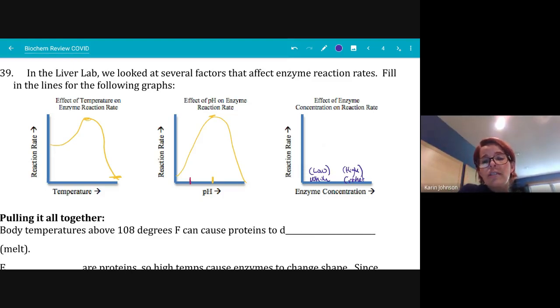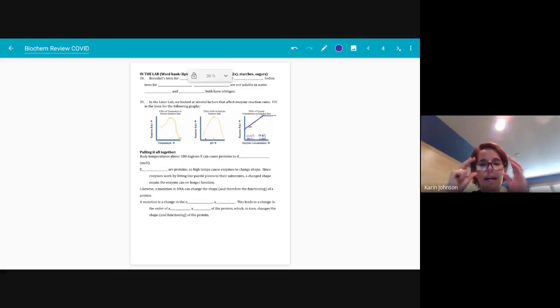If it's a low concentration of enzymes, it's going to have a lower reaction rate. And if there's lots of enzymes, it's going to have a higher reaction rate. So in that case, it would look something like that. You would see a line going up to a certain point. Actually, for those of you that are interested, there's a point where it can't go any faster, and then it levels off.